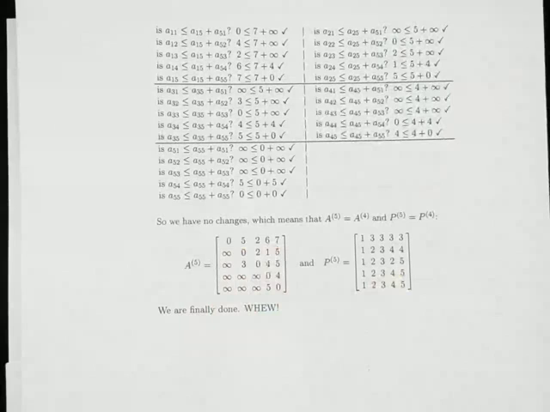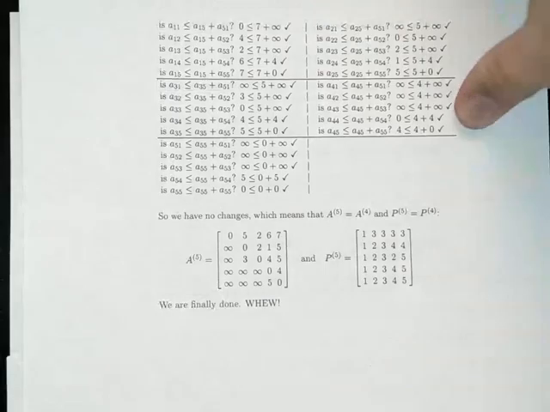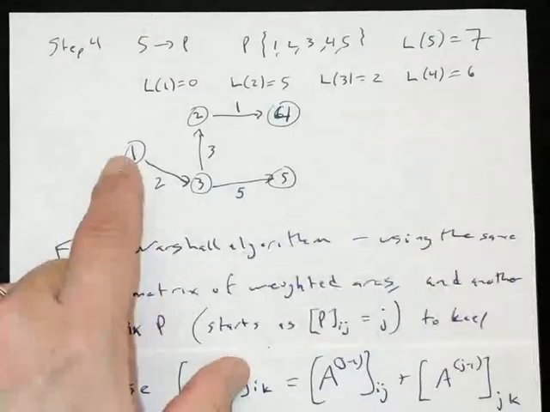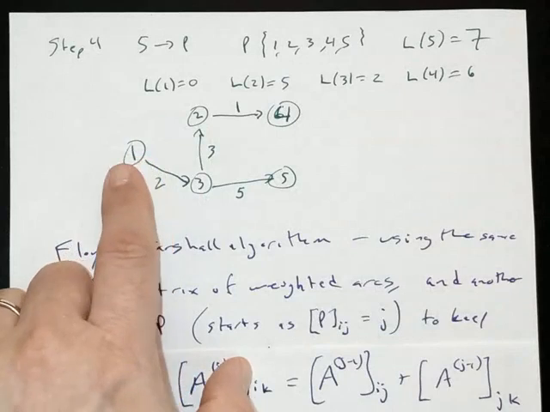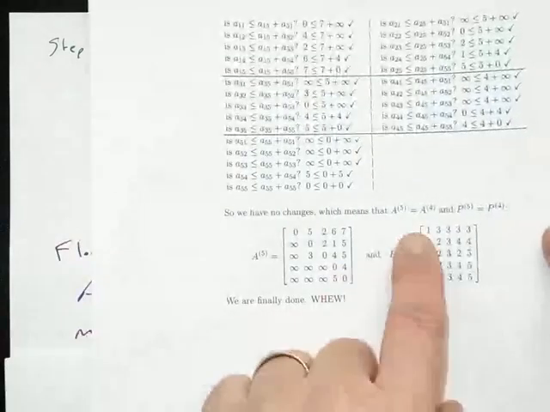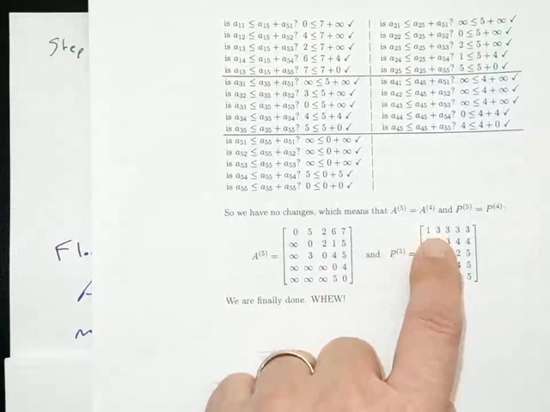How does P help me? P helps me figure out the path. I want to go from 1 to 2. So I start in 1. And it says, oh, you want to go from 1 to 2, go to the second column. Is that a 2? Then you're not done traveling yet.